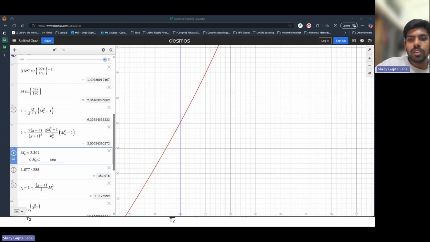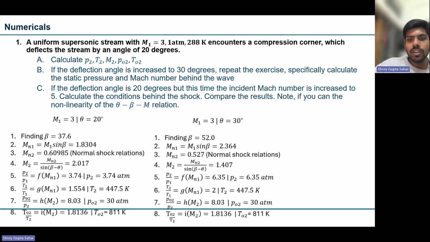So I will have 6.35 atmosphere. And we know 288, so twice of 288 is 576 kelvins.